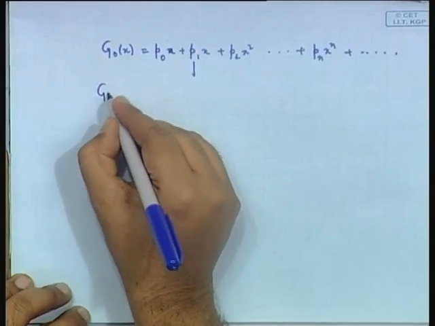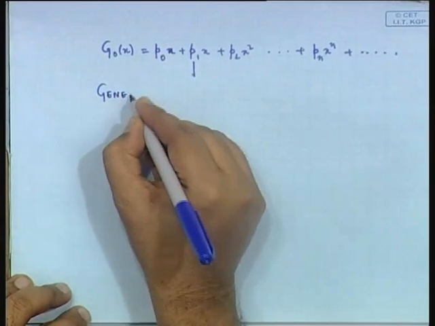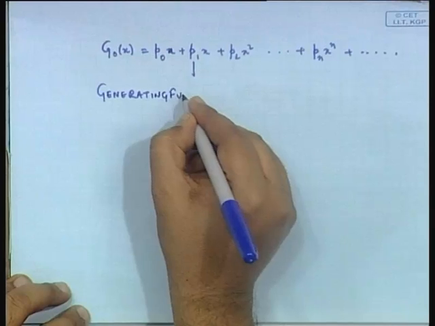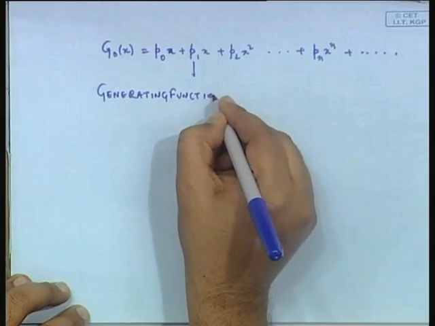So, let me think what will be the generating function of a graph. I want to represent a graph by a generating function. So, my objective now is generating functions and graphs.